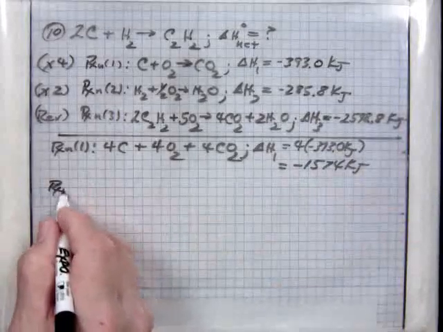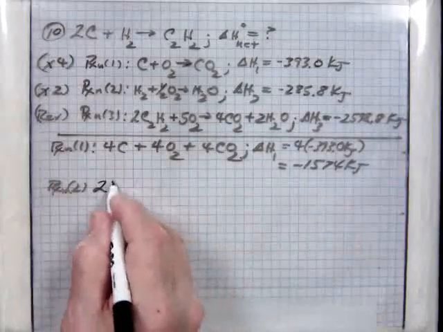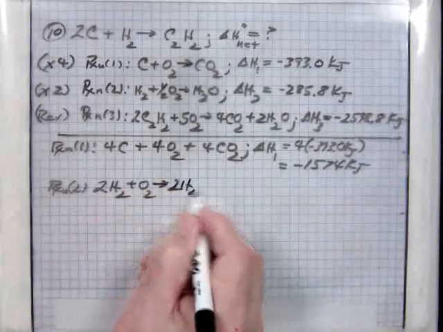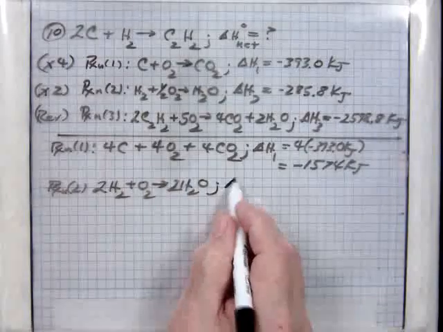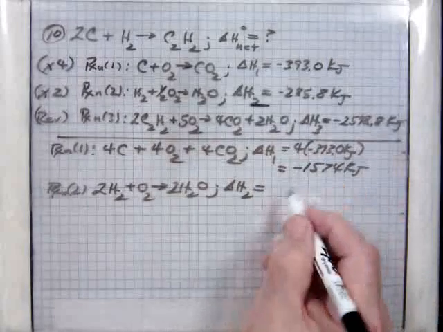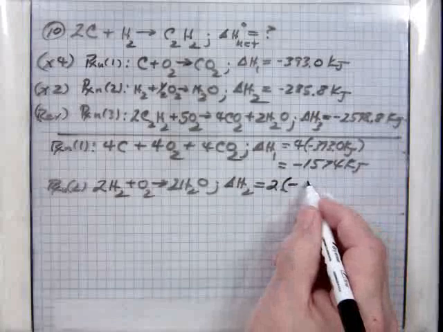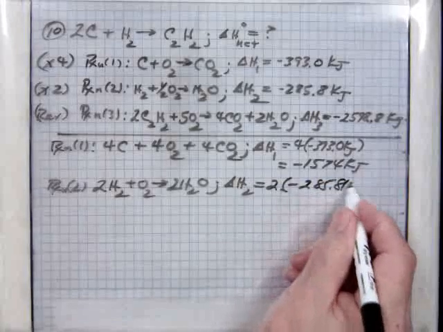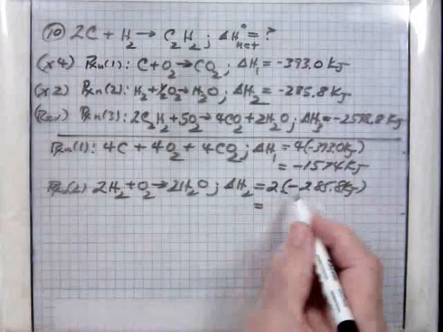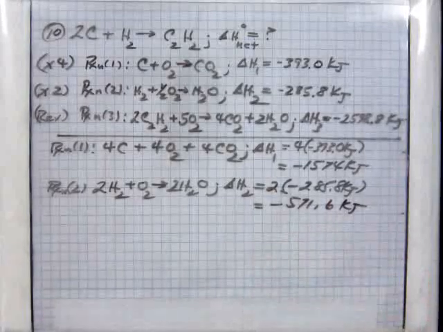Now, reaction 2, we multiply through that one by 2, and we have 2H2 plus O2 goes to 2H2O, and delta H2 is equal to 2 times a minus 285.8 kilojoules, which is minus 571.6 kilojoules on that.